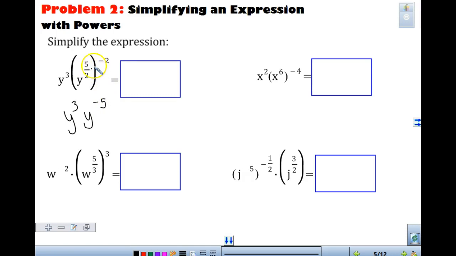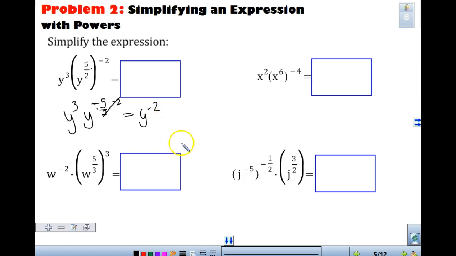Do you agree? Okay, we are taking, if we're thinking about this, this was multiplying 5/2 times -2. And when you multiply, the 2/2 cancels and it stays negative. So my answer now, now that I'm multiplying the same base, because I got rid of that parenthesis, I now have y to the -2.